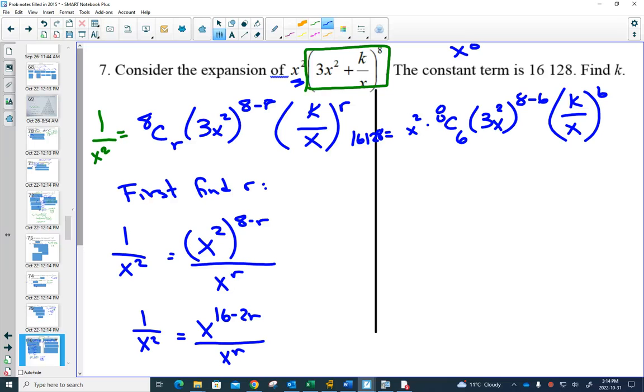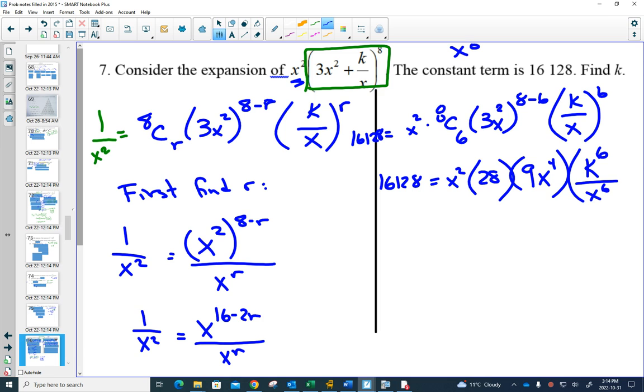So if I figure out everything, 16128 equals, I have the x squared, 8 choose 6, I think that's 28. 3 squared will be 9x to the 4. And here I will have k to the 6 and x to the 6.